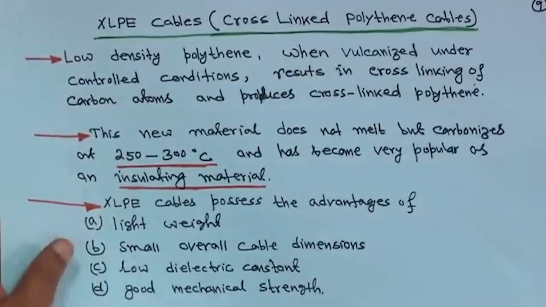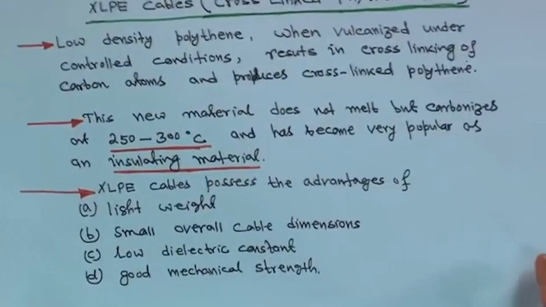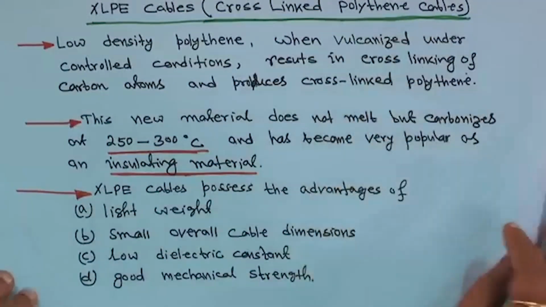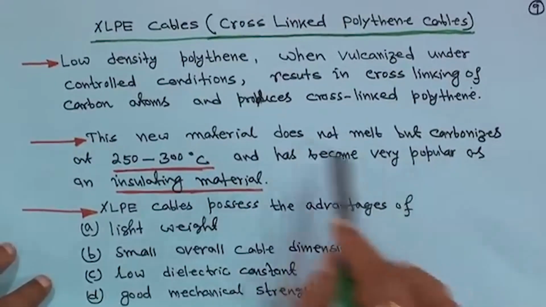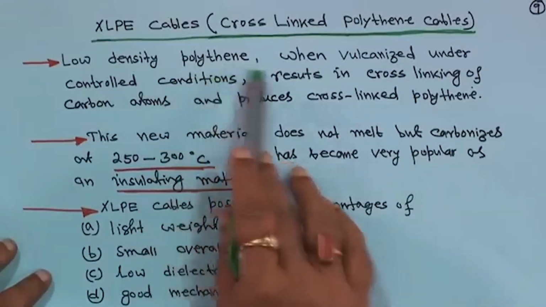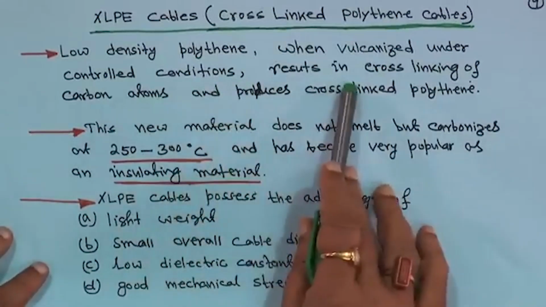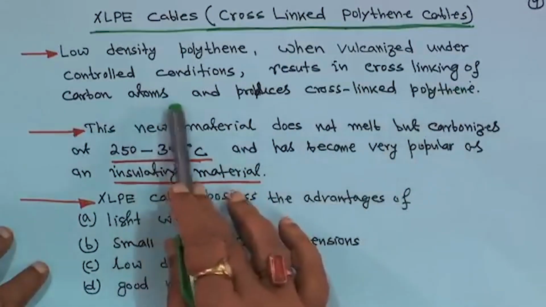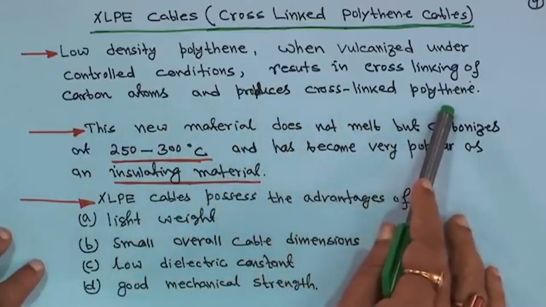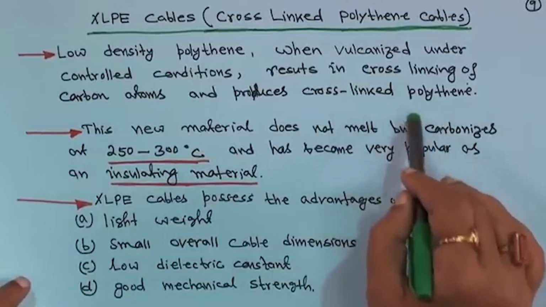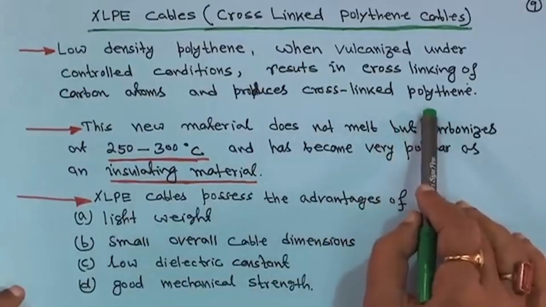Next one is XLP cables, that is cross linked polythene cables. Low density polythene, when vulcanized under controlled conditions, results in cross linking of carbon atoms and produces cross linked polythene. This is mostly the chemistry portion, so we will not cover that, but some general ideas.